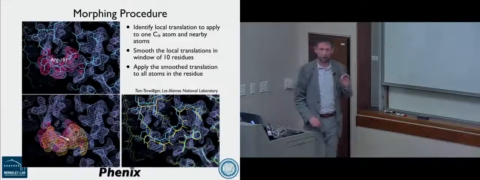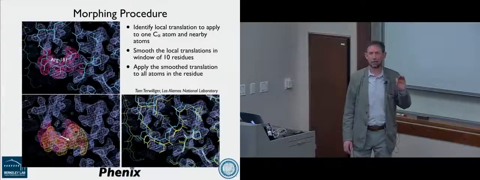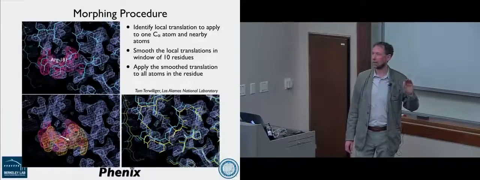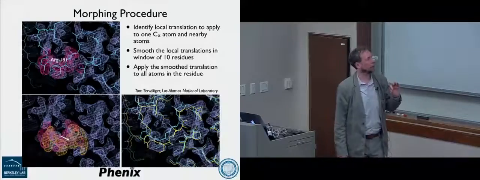Again, the fundamental idea is that there is something in these very noisy maps that is real. If there was no information in these noisy maps, we would be stuck. We wouldn't be able to do anything. But we assume that there is something useful there.